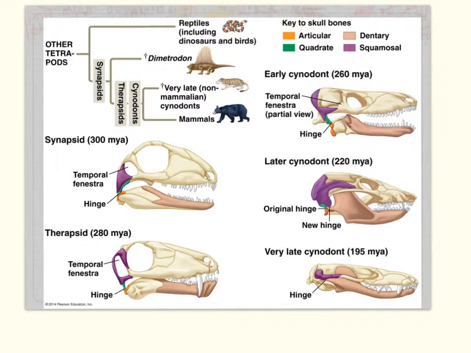So you can follow the diagram and see the changes in the bone structure, changes in the hinge of the jaw, changes in the temporal region as the organism developed. So that's another example of how we can use different groups of organisms that have been around and then are extinct to build our geological time, and also to see extinction and speciation rates.